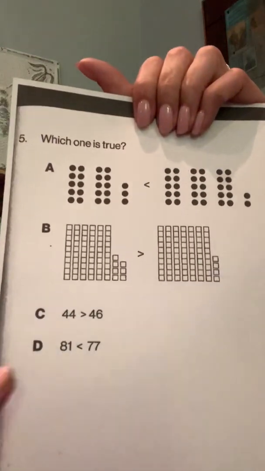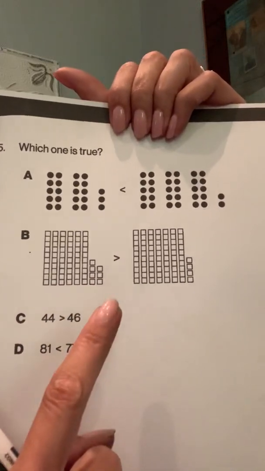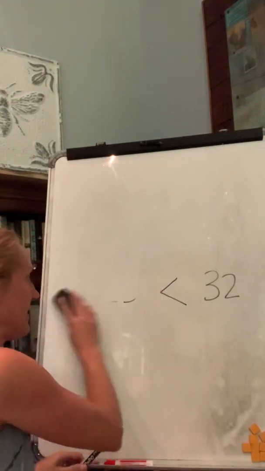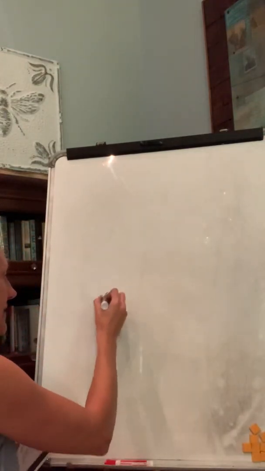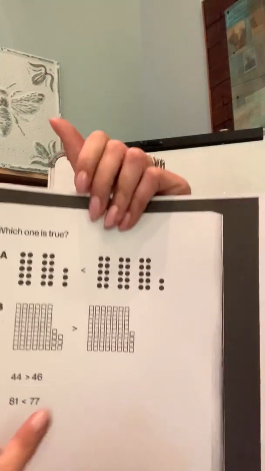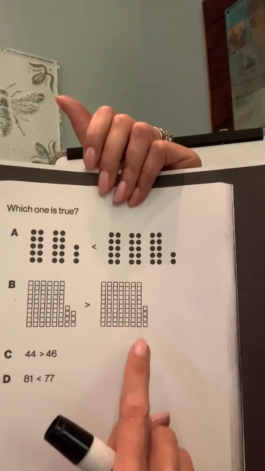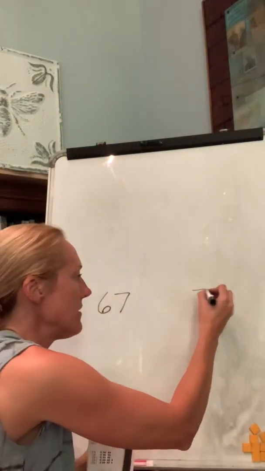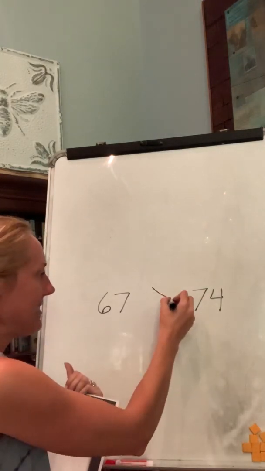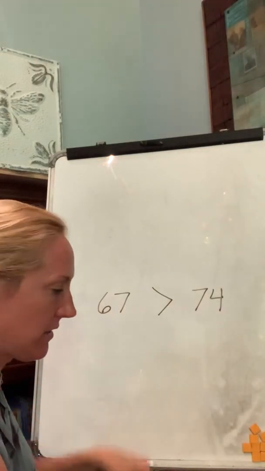Okay. The next one has 1, 2, 3, 4, 5, 6 tens and 7 ones. That's 67. And the next part has 1, 2, 3, 4, 5, 6, 7 tens and 4 ones. 74. Okay. And it says 67 is greater than 74.